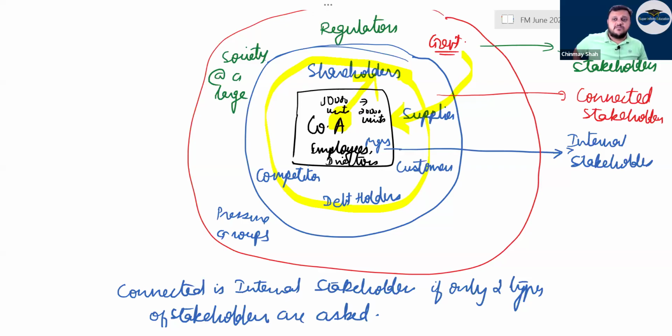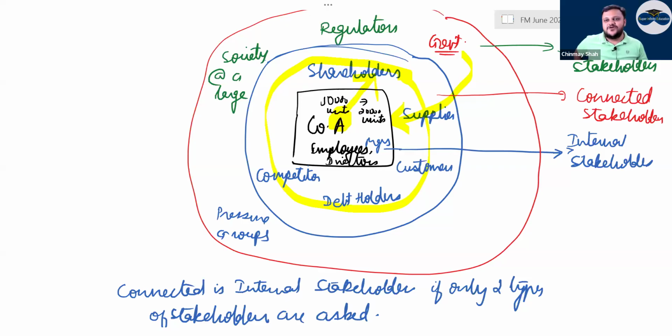Then the other stakeholder conflict. Now see, you are a furniture manufacturer. Now you decide that you sold 100 tons of furniture this year, and you are going to sell 200 tons of furniture next. That means if you are selling wooden furniture, more harvesting of the forest will happen and more trees will be cut.